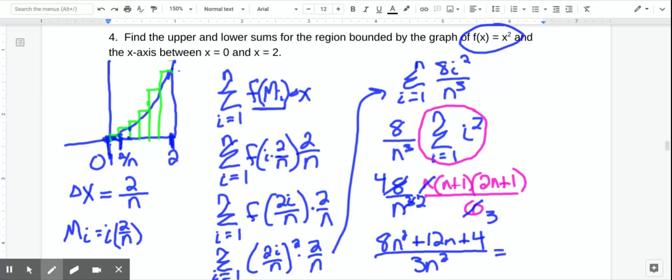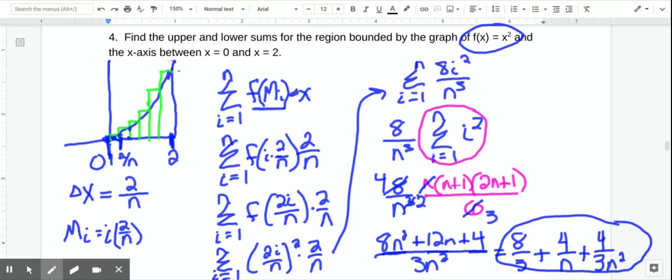And then my last step is I'm going to divide all of those by 3n squared. So 8n squared divided by 3n squared is just going to give me 8/3. And then 12n divided by 3n squared, an n cancels, so I get 4 over n. And then 4 over 3n squared. Perfect.